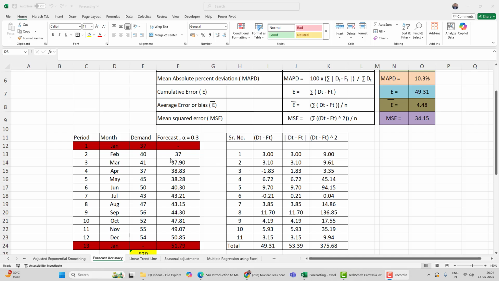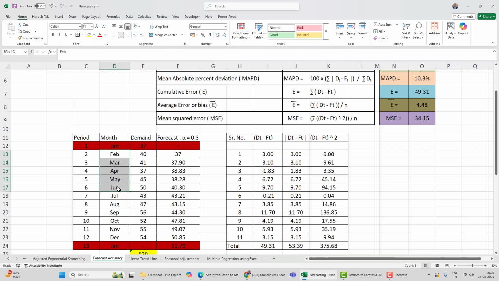First, once we calculate the forecast, the next step is to calculate the difference between the demand and the forecast. Because we don't have a forecast in the first January month, and we don't have a demand in the 13th month, we'll be using only the pairs of values which are available, where both demand and forecast are there.